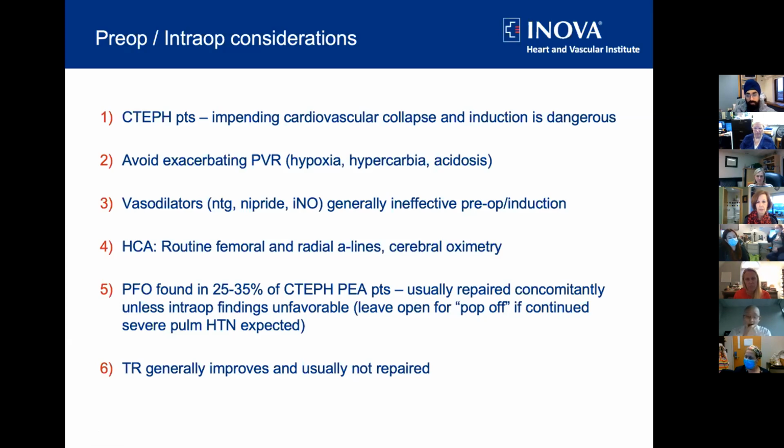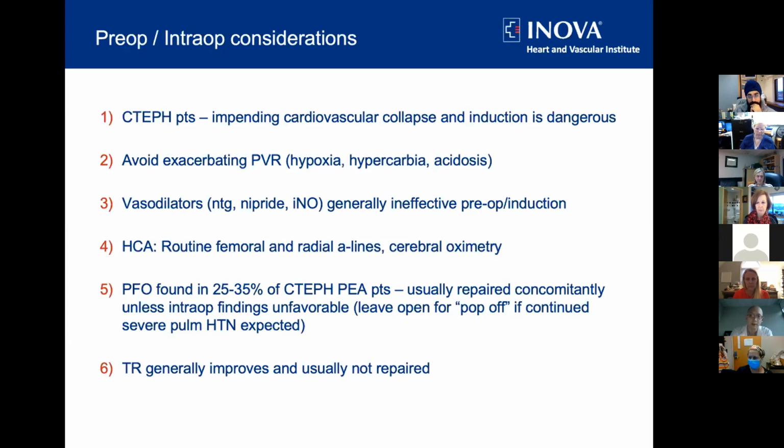Then there are the concomitant things that go along with having right-sided dysfunction. Tricuspid regurgitation, RV dilatation, all of that is very common. PFOs are also common in general, let alone in pulmonary hypertension patients.